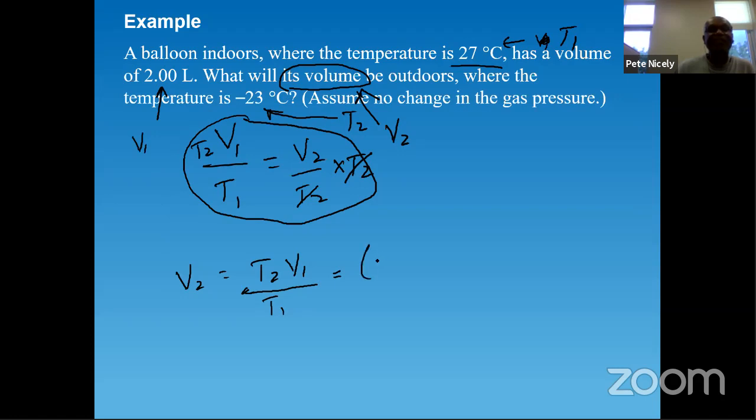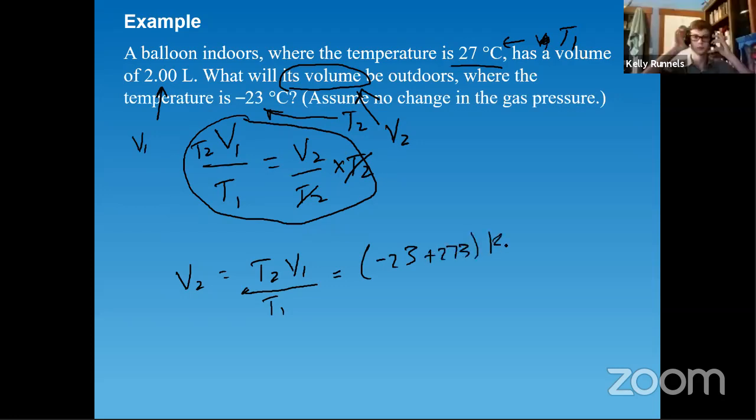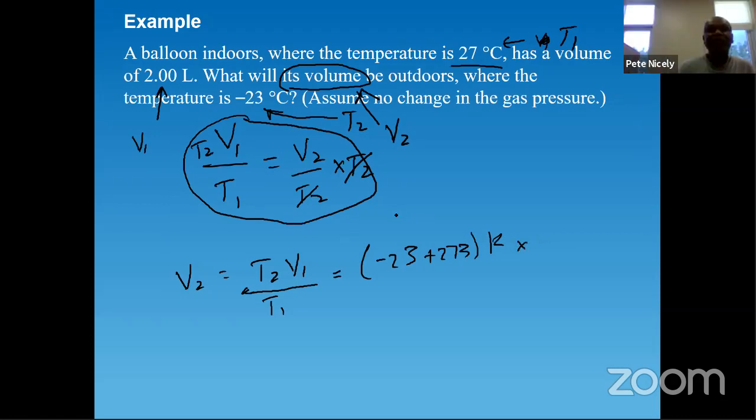We have to convert the temperatures to Kelvin. So T2 is minus 223 plus 273 Kelvin, 300.15.